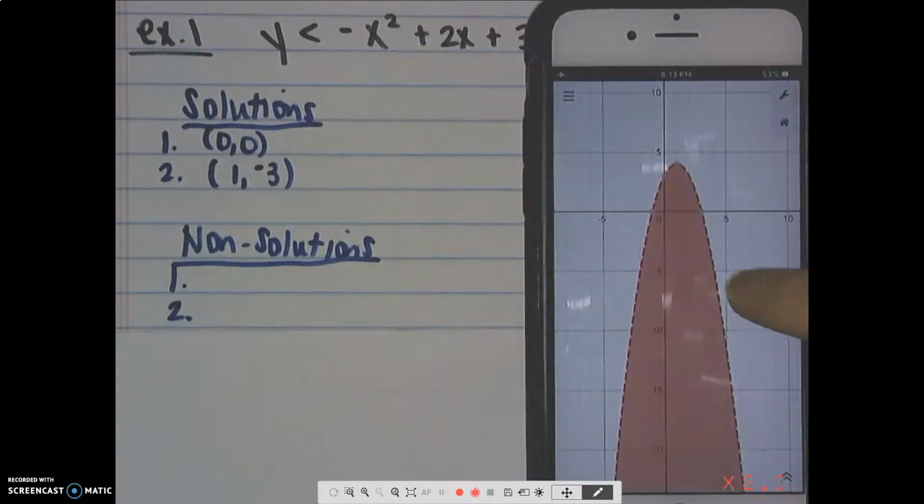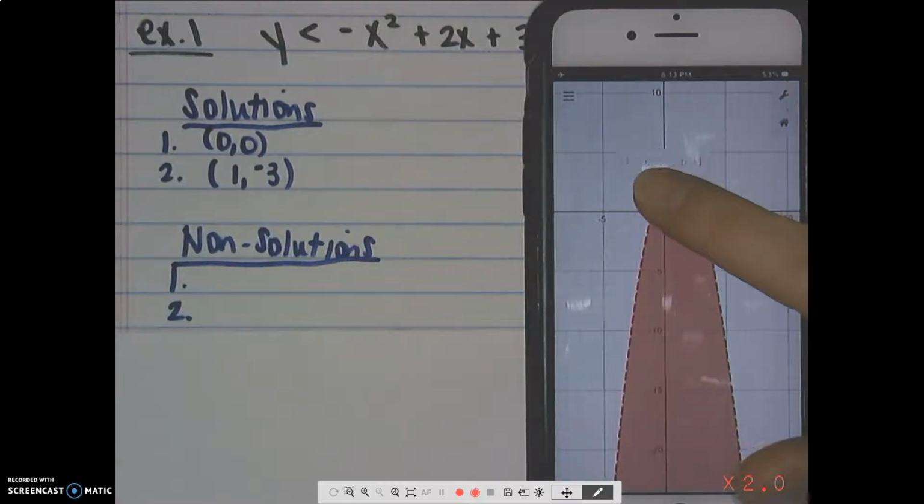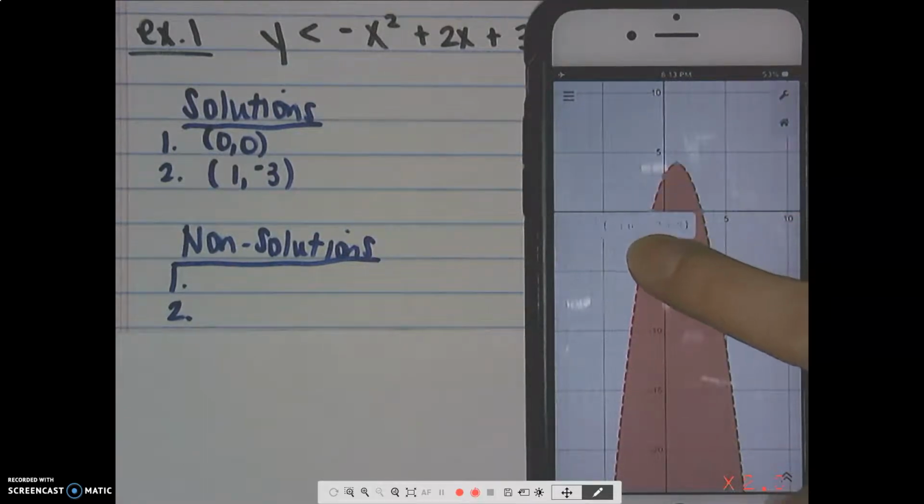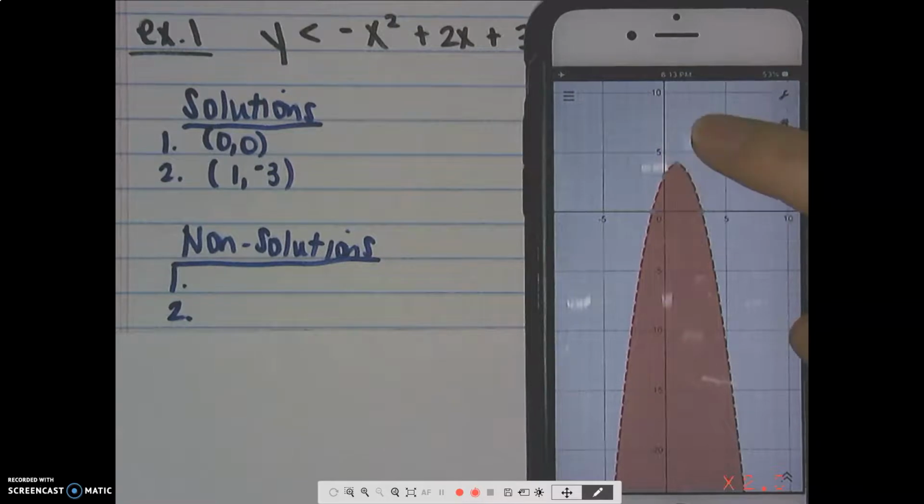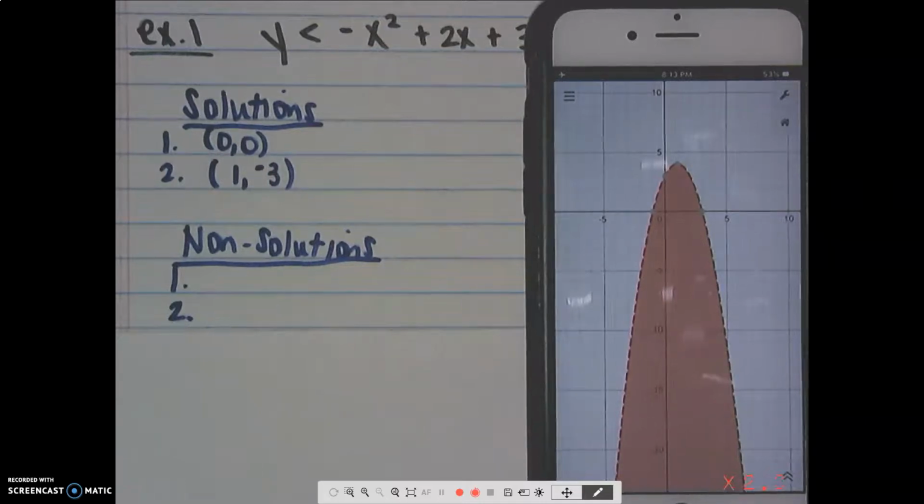Keep in mind you can click and hold down, and it will give you points that are on this parabola as you go around. You can choose any of those things, but in this case we would not be able to choose any of these that are on the dashed line. So you could use any of those as non-solutions.